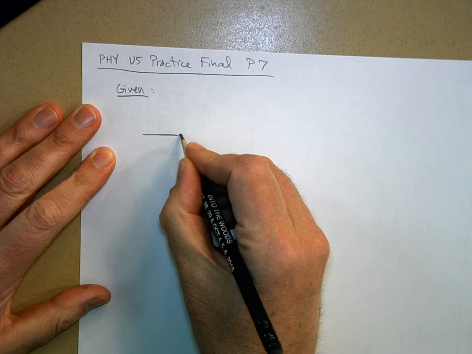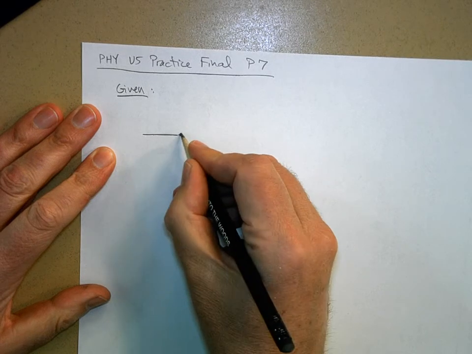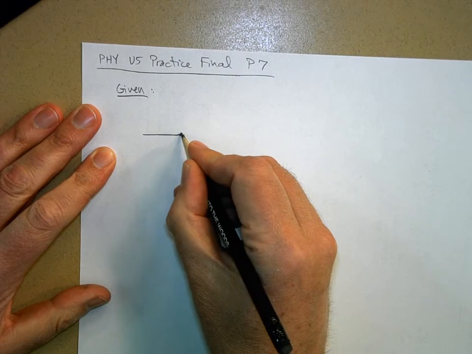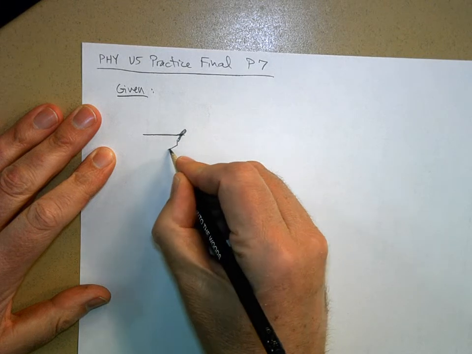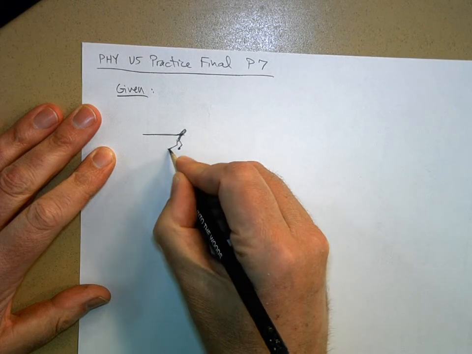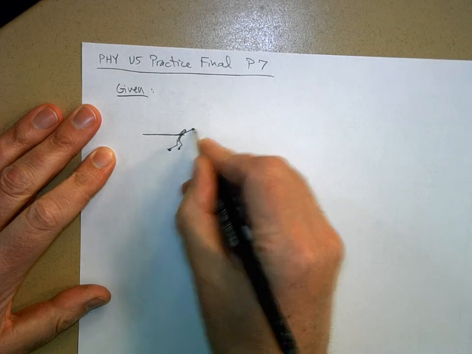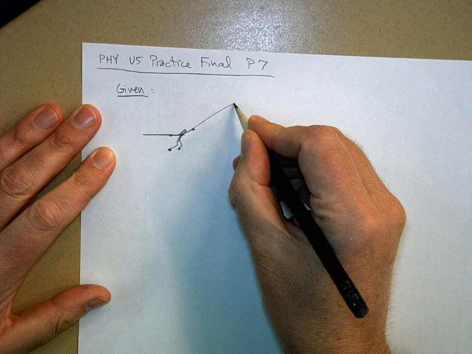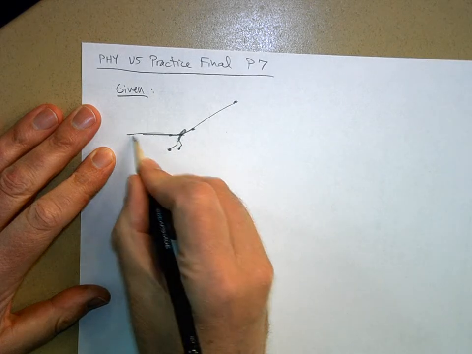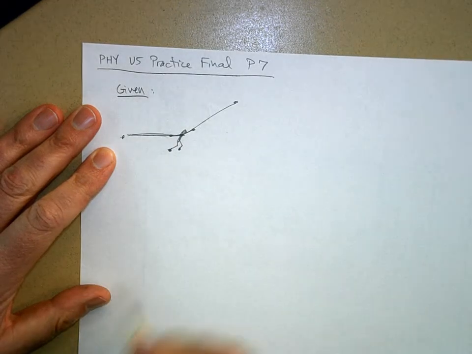I'm just going to draw Spider-Man. Well, I guess I can try to redraw Spider-Man. It's kind of fun. So the web is there. The web is stuck on something over here.